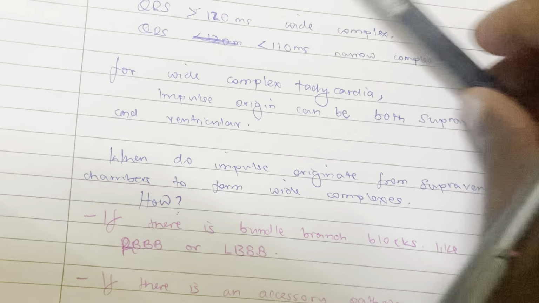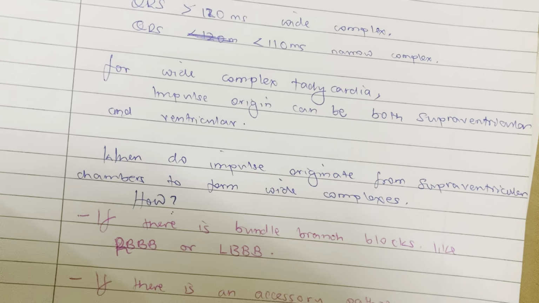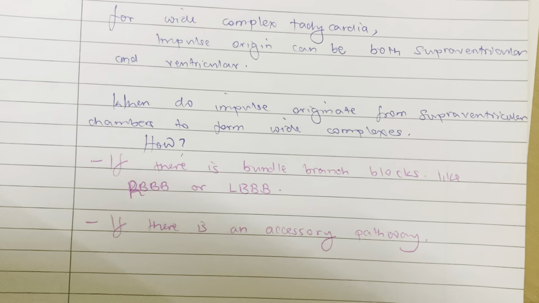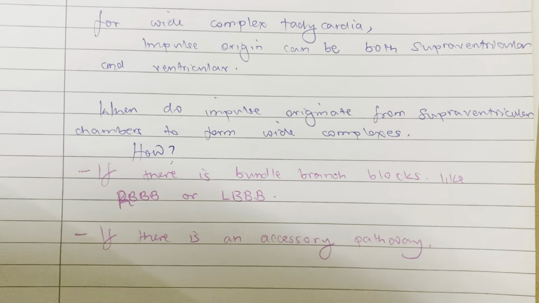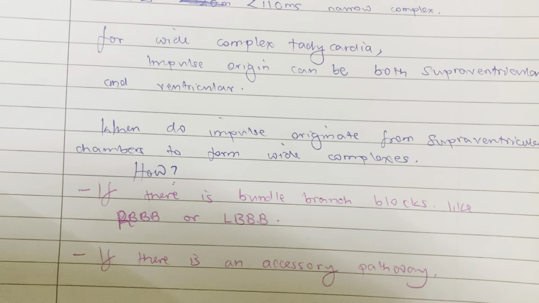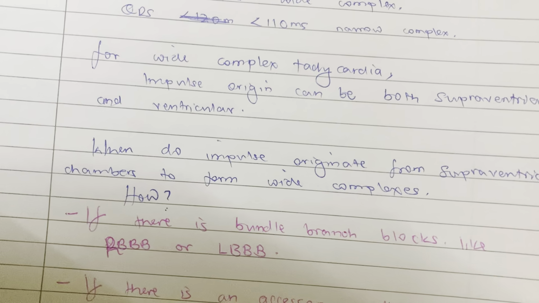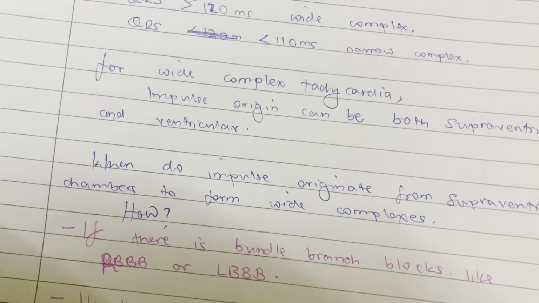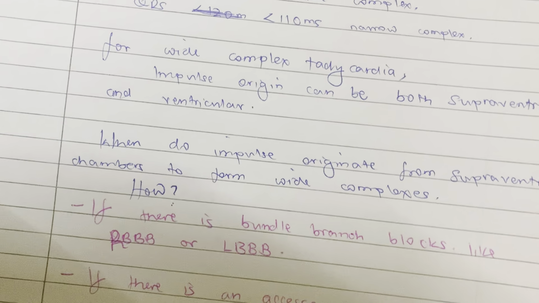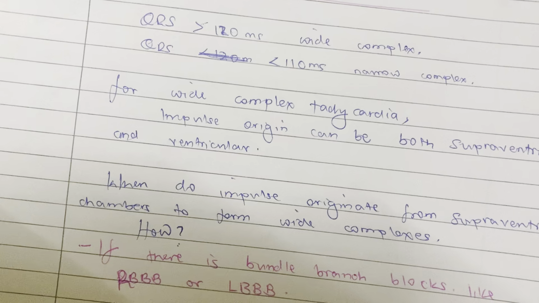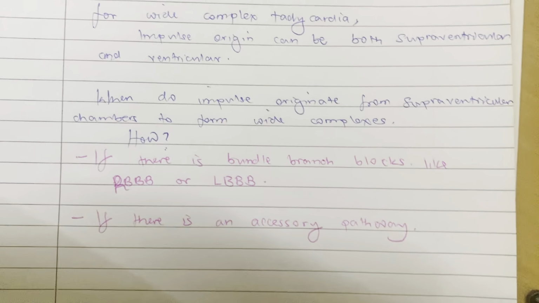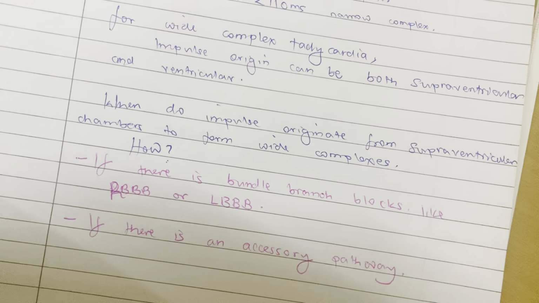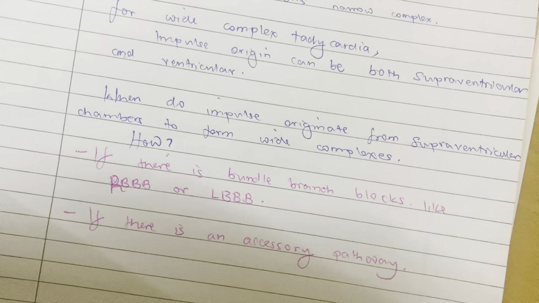An accessory pathway is one that exists in addition to the normal conduction system, right? A band of myocardial cells that persists and crosses the AV ring to enter the ventricles. This is what we said initially that is supposed to be.